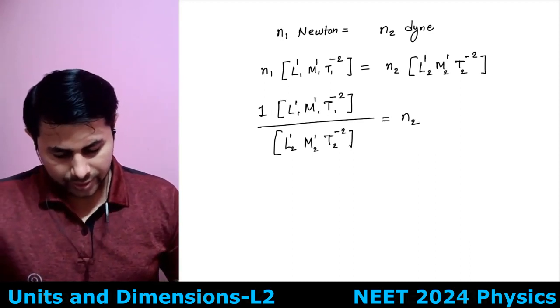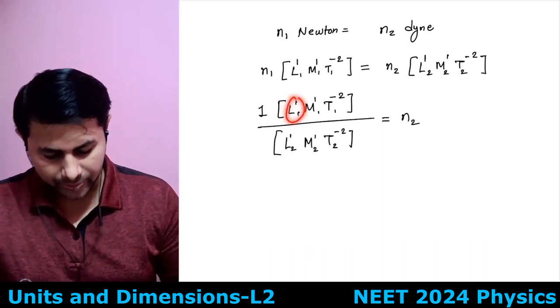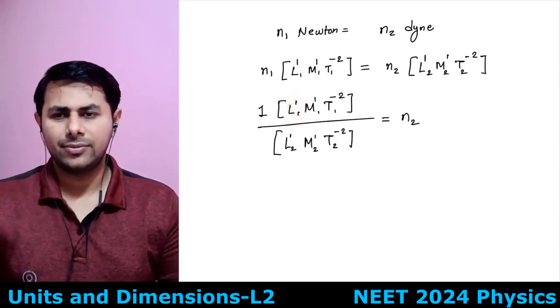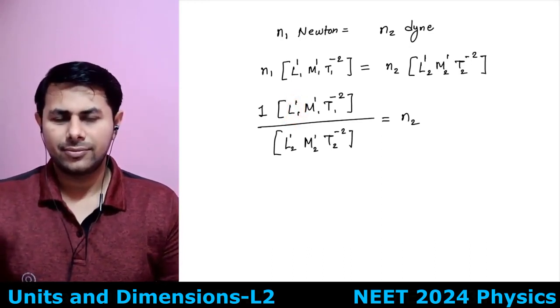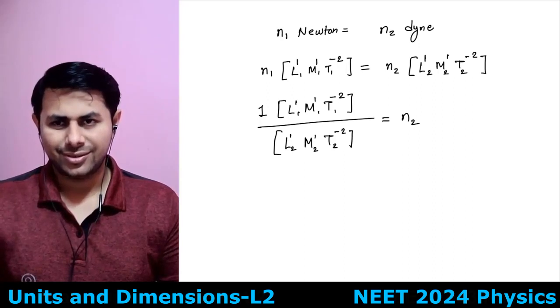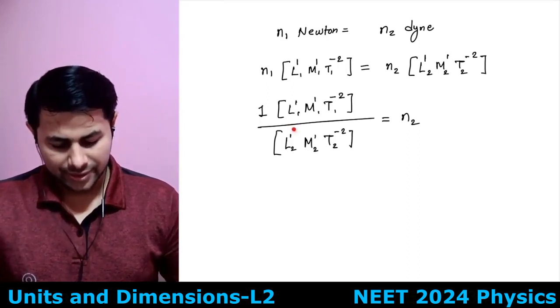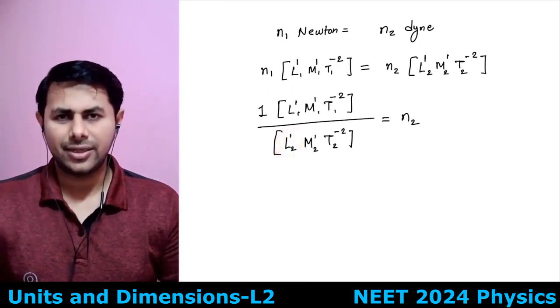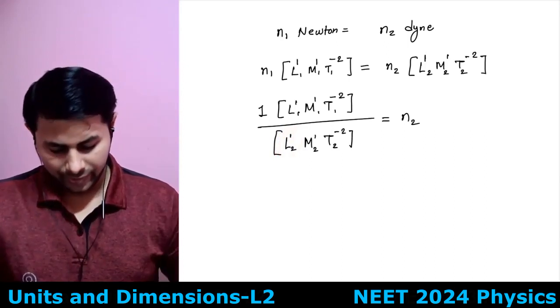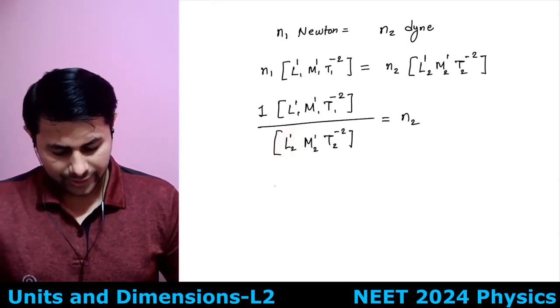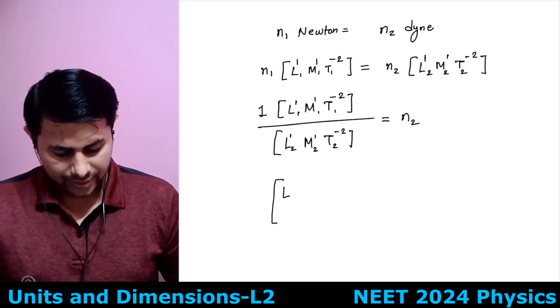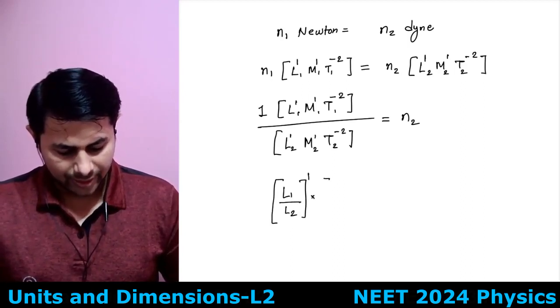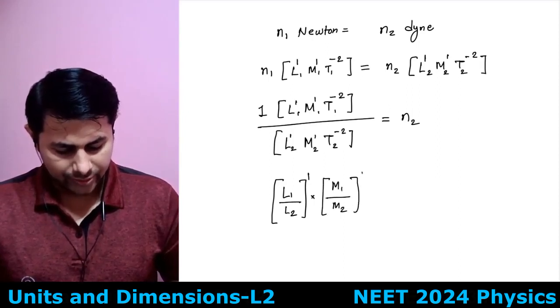Okay, so what is the unit of length in the SI system? Meter. And in the CGS system, centimeter. So I can write this as L1 upon L2 raised to 1, multiplied by M1 upon M2 raised to 1.